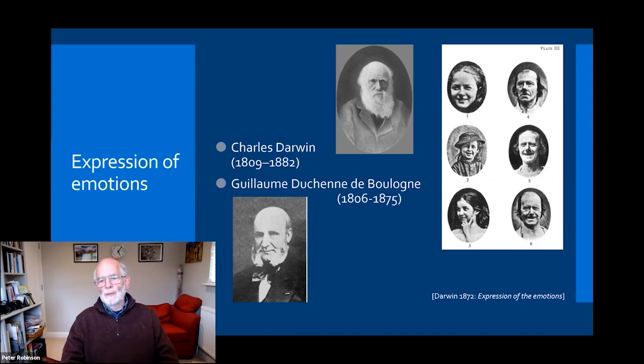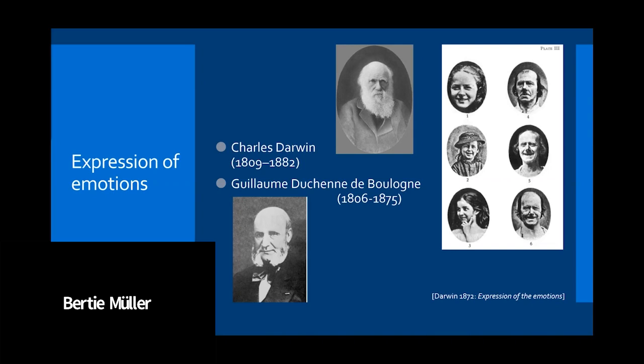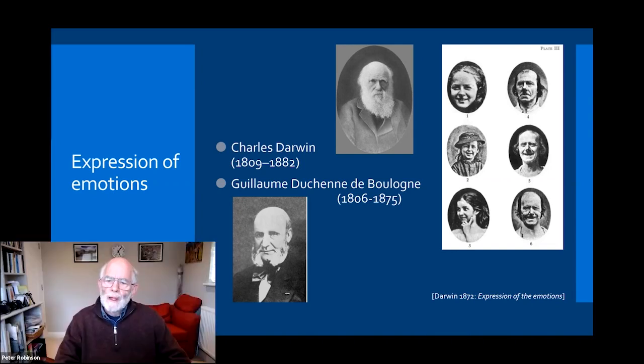And it was a very interesting book in that Darwin was one of the earliest scientists to use photographs in his work. And he collaborated with Guillaume Duchenne de Boulogne in Paris, who had been taking photographs of people showing various emotional expressions. And Darwin had a set of Duchenne's photographs and used these to study emotions in people.